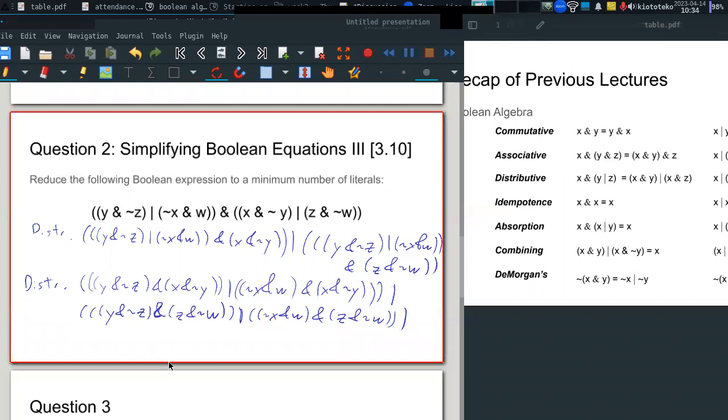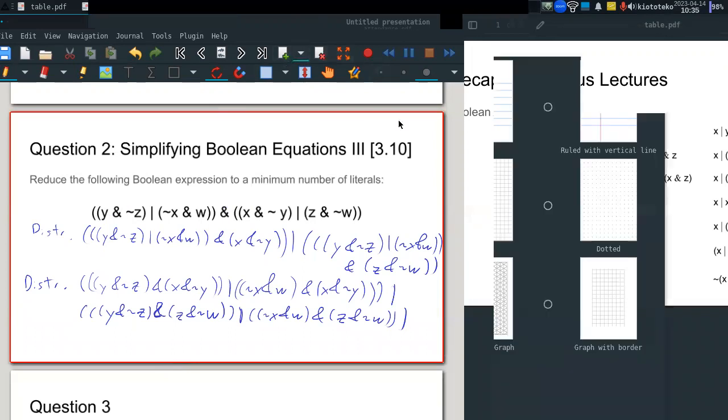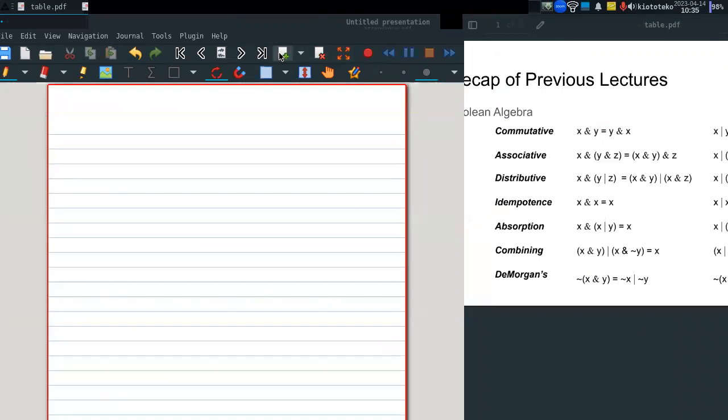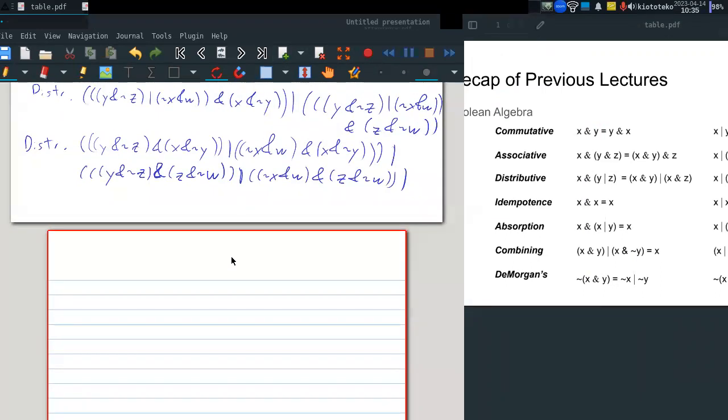So this means, by the associative property, which tells us that it doesn't matter where you put the parentheses if it's the same operator, you can just eliminate many parentheses here. Let me just show you what it will become. Let me just move this. Okay, we have this.